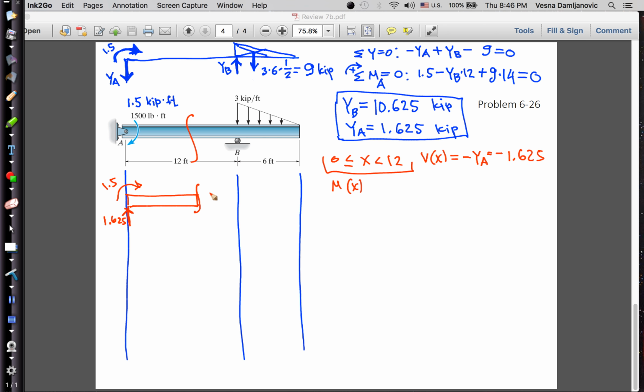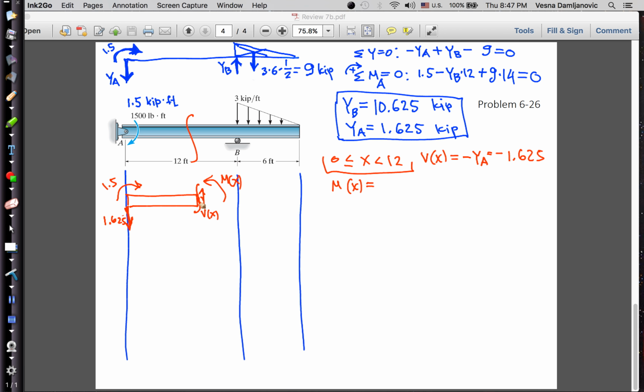There's nothing in between, right? It's pointing down, and so this force will be pointing up, that's the v of x, and the moment of x will be pointing like this, mx, for that cross section at that point.